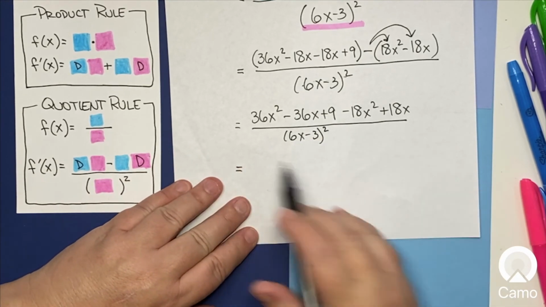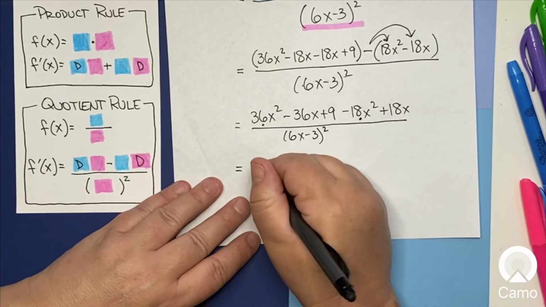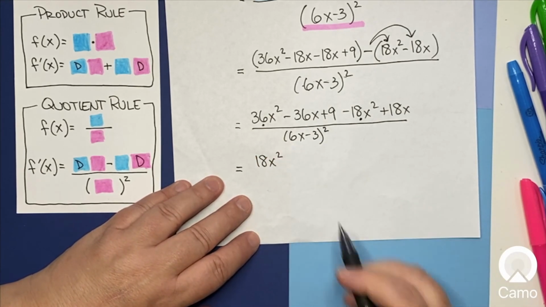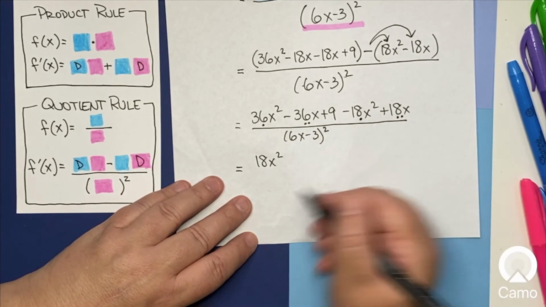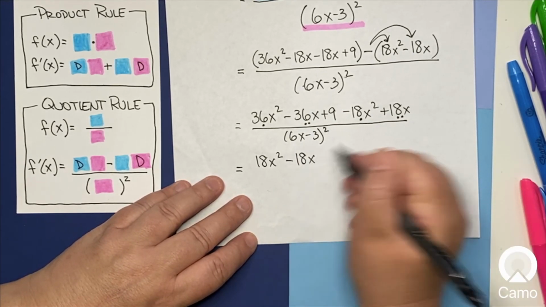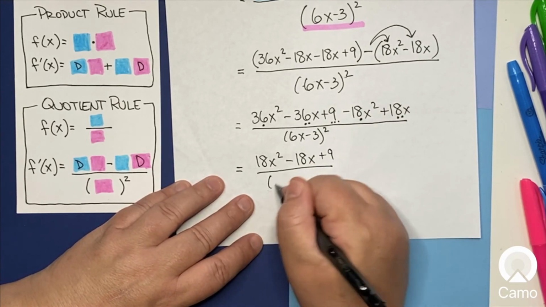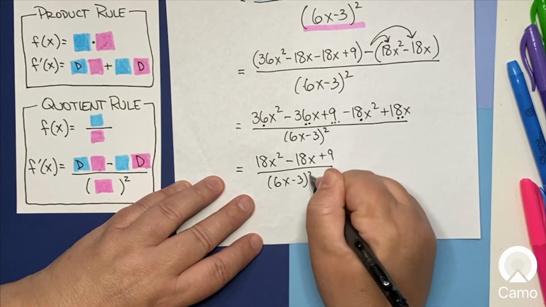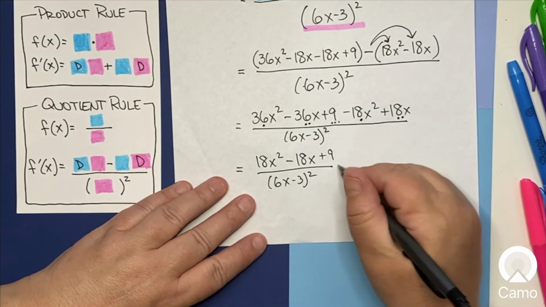Okay, 36x squared minus 18x squared is 18x squared. Minus 36x plus 18x is minus 18x. And then the 9 is just by itself. Now up top, I can factor out a 9, which I'm going to do.